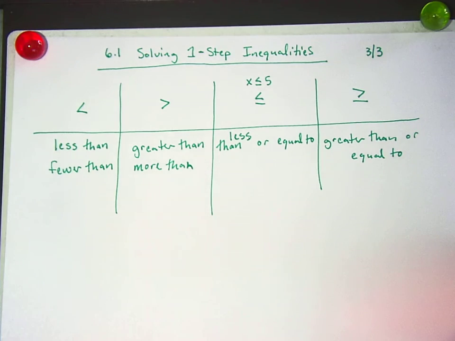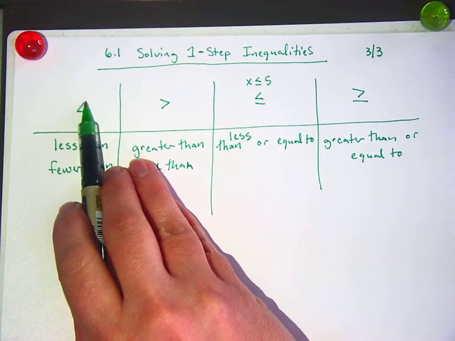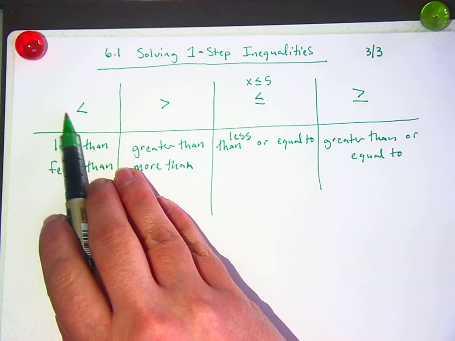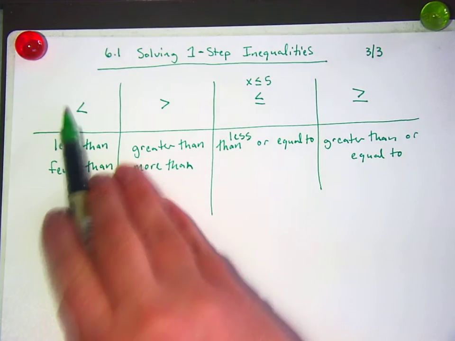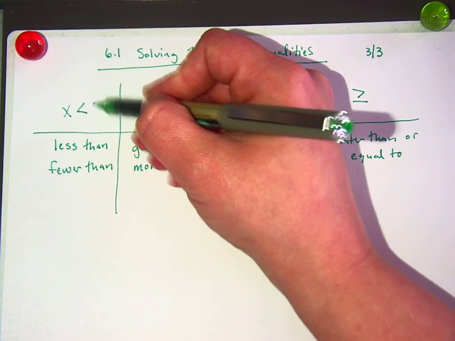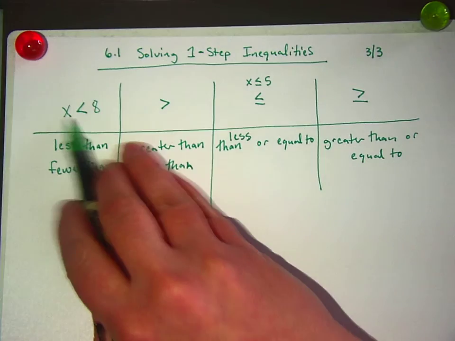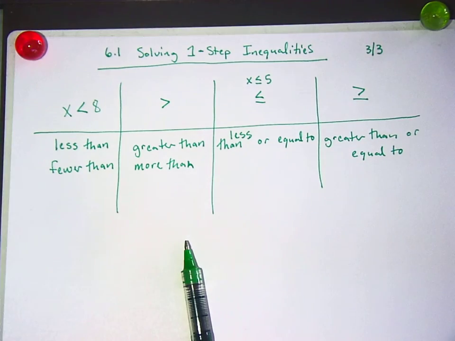Remember, the alligator eats the bigger number, or Pac-Man eats the bigger number. You read it left to right. So if the small end is on the left, that means x is less than 8. So x is littler than 8. 8 is the larger part. The little part points to the x.